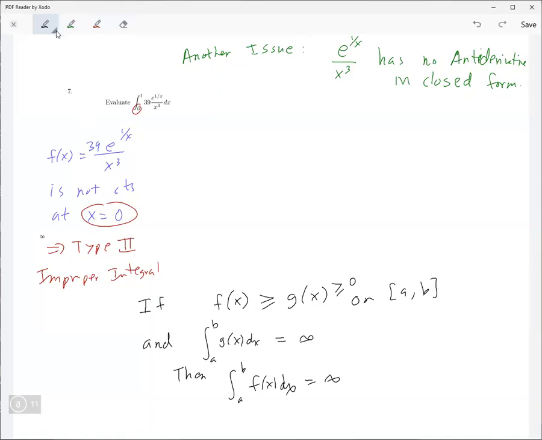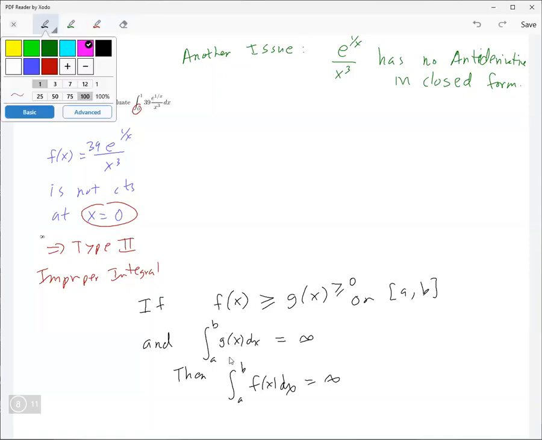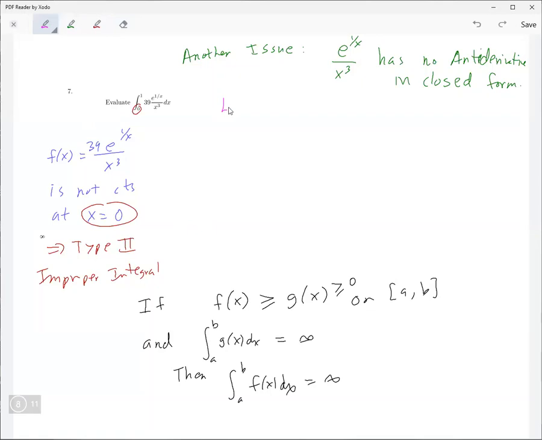So the way that we can attack this is we can use this principle here, and I'm going to let g of x be 39 over x cubed.